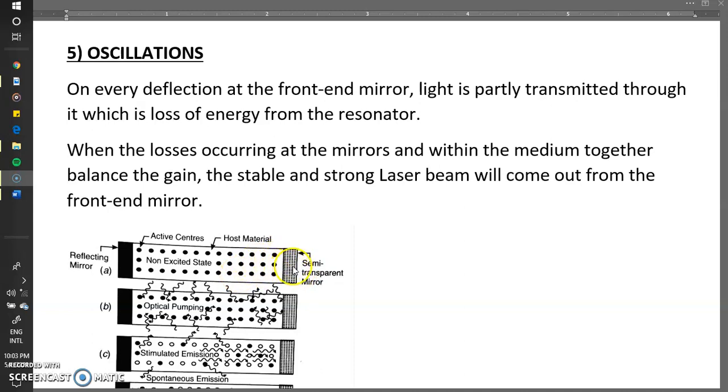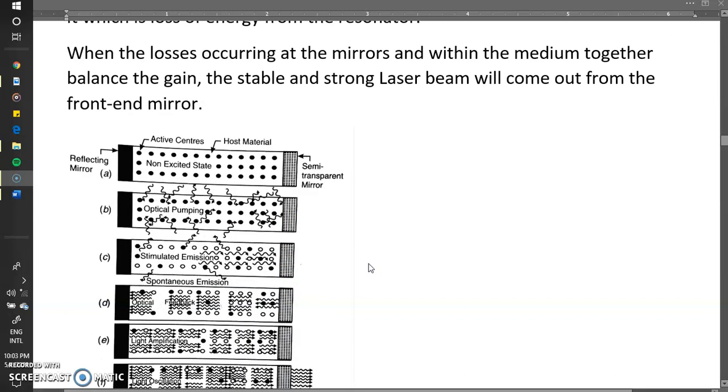So there are losses at the front semi-transparent mirror, and there are some losses in the medium also. When the losses occurring at the mirrors and within the medium together balance the gain, a stable and strong laser beam will come out from the front end mirror.